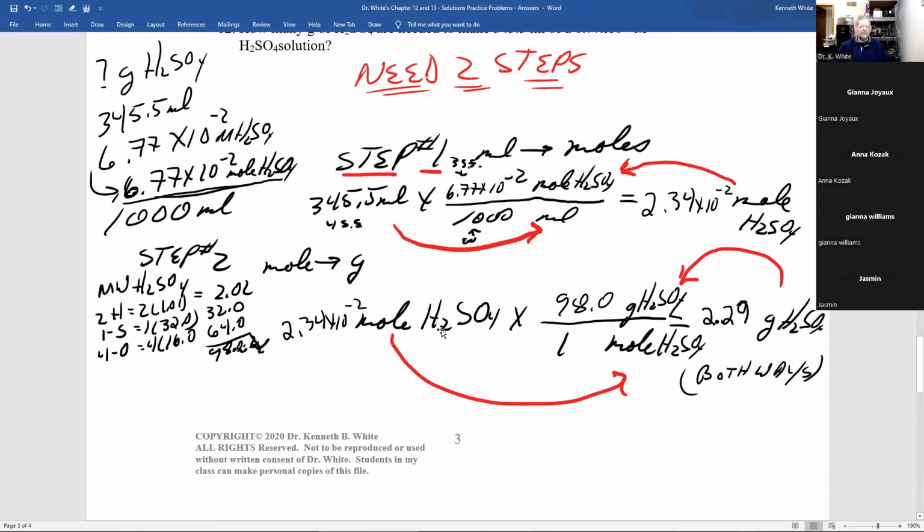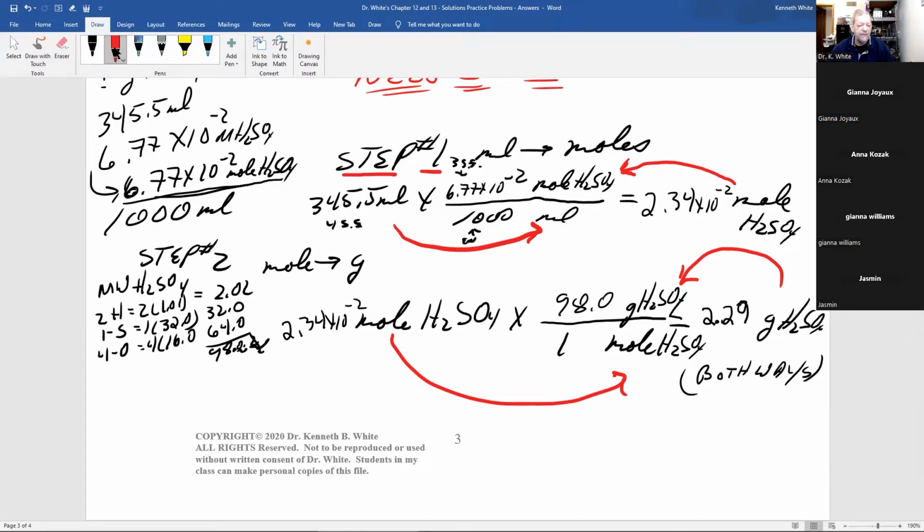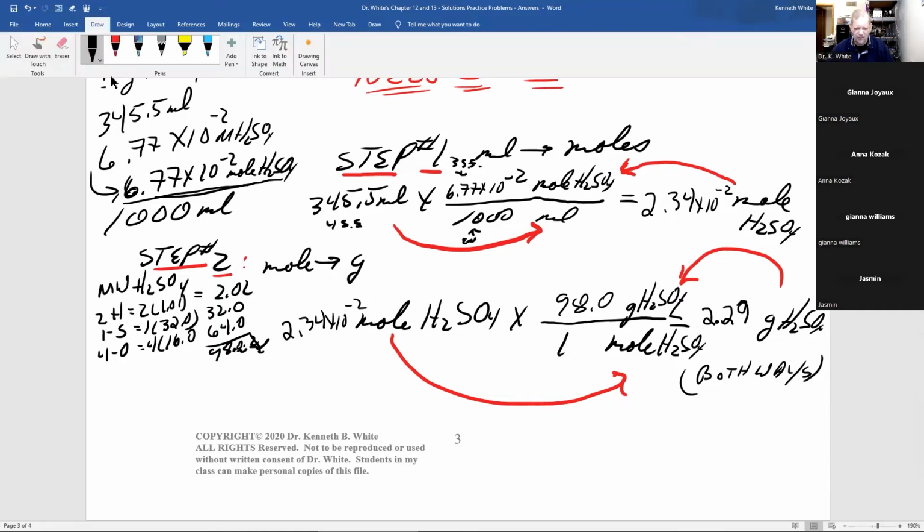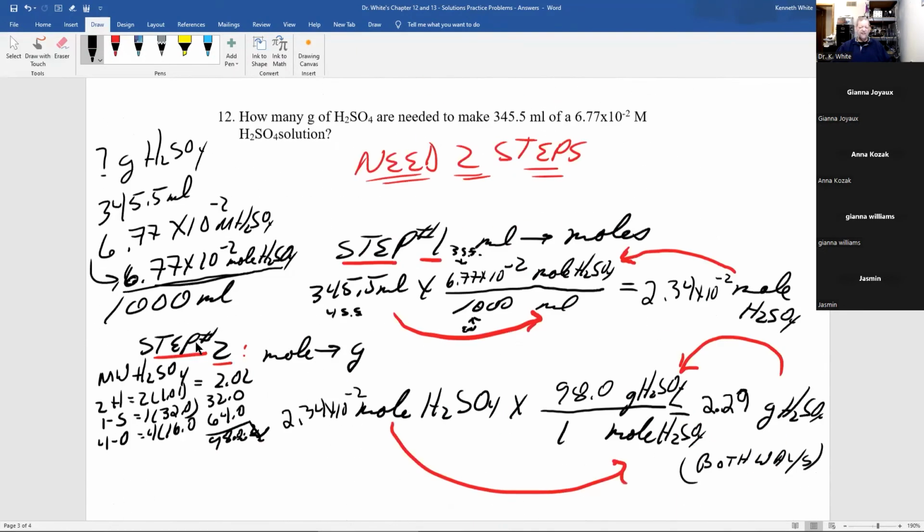Now, in step 2, you go from moles, or whatever you just calculated, to grams of your answer. And here that's H2SO4.